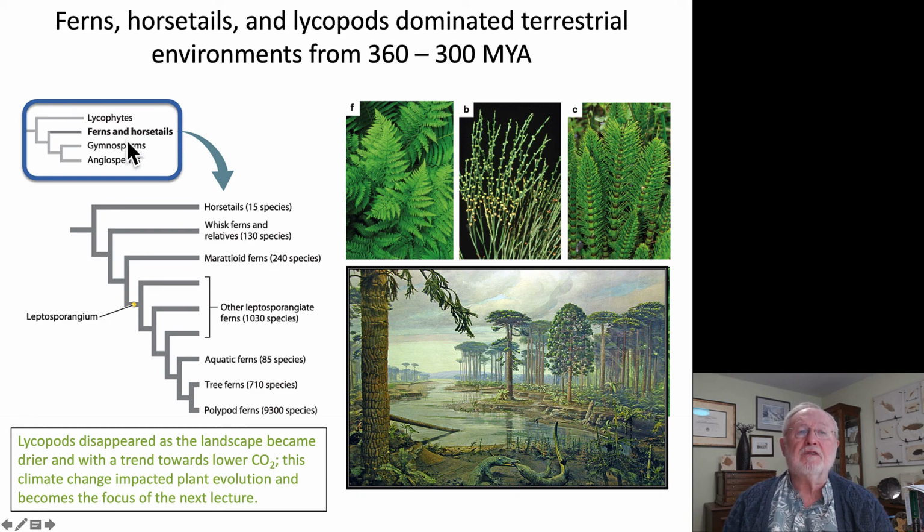But I think you can see here that the groups that next arose were the gymnosperms and the angiosperms, at the end of the Carboniferous, and in response to a decreased carbon dioxide environment.